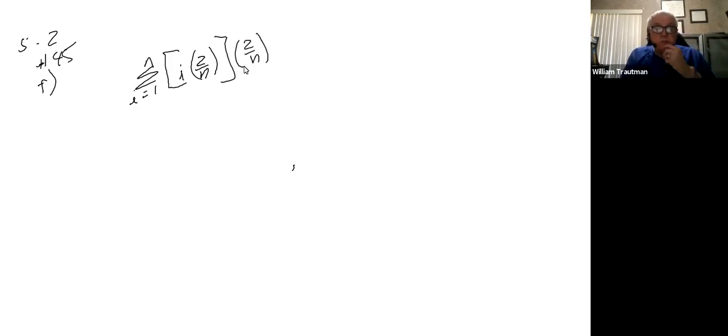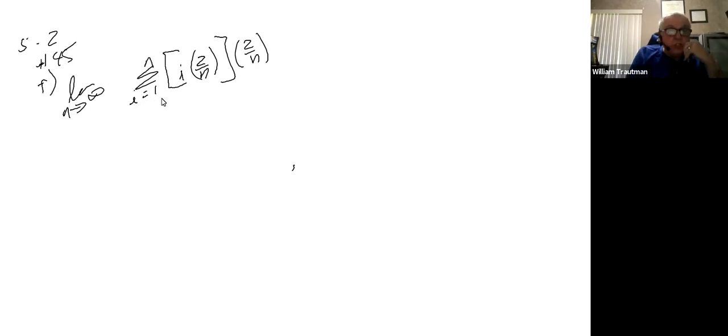We just want to find the limit as n approaches infinity and prove that it equals 4. So they tell us the answer already.